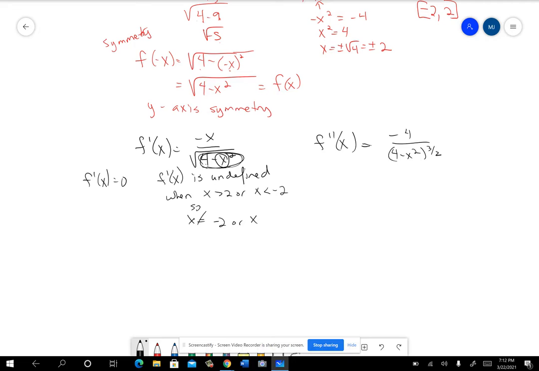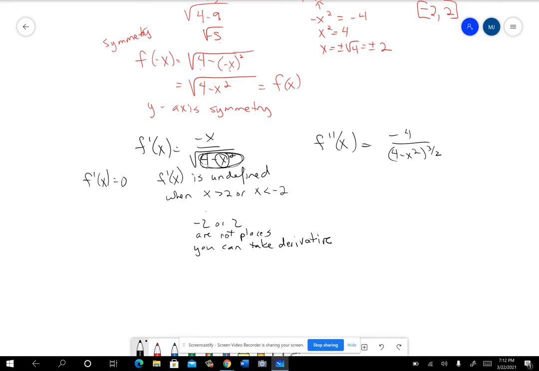Let me put it this way. Negative 2 or 2 are not places where you can do the derivative, because the derivative would be undefined there.